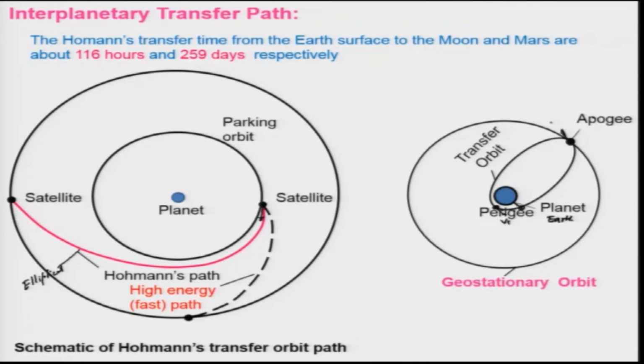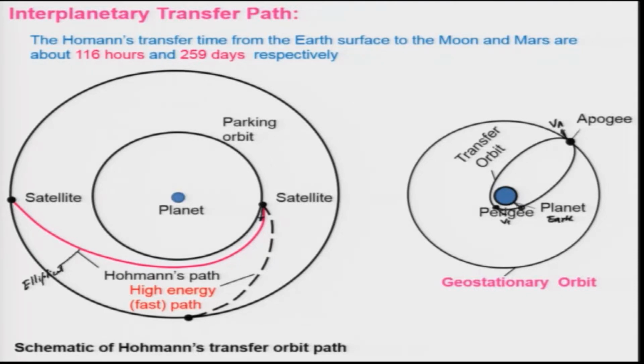So, this is having a Va, and let us say the satellite is moving with these velocities, but it has not really achieved the velocity at which it can move around the geostationary orbit. In other words, this satellite velocity is much lower than the orbital velocity required to move around the geostationary orbit.